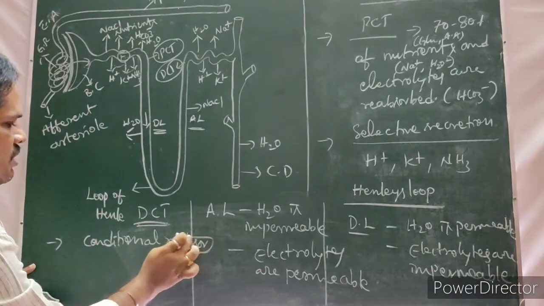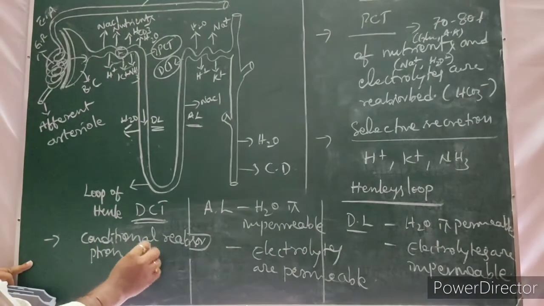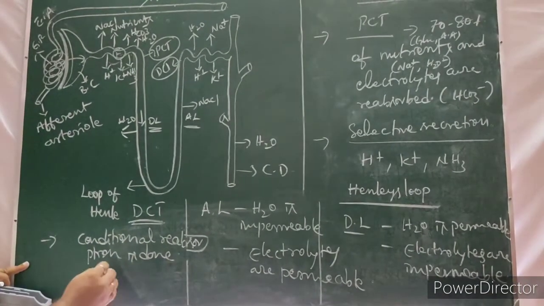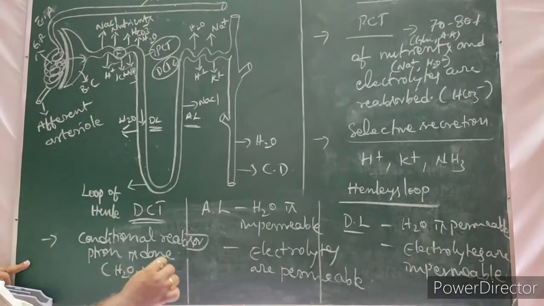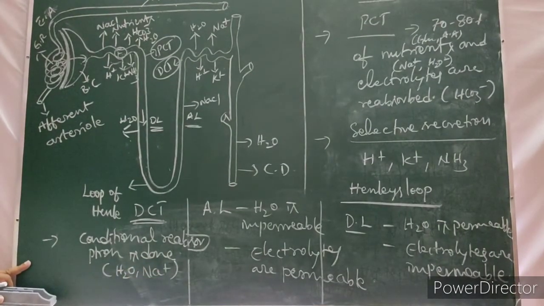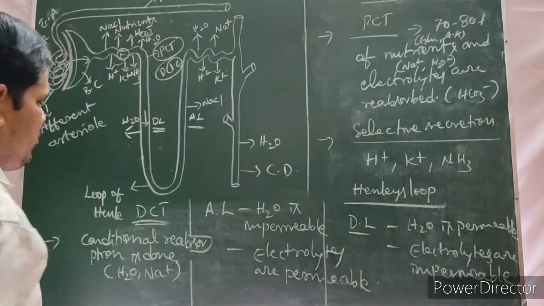Conditional reabsorption is done. Conditional reabsorption of water and sodium ions. From where to where? From the distal convoluted tubule to the peritubular capillary.